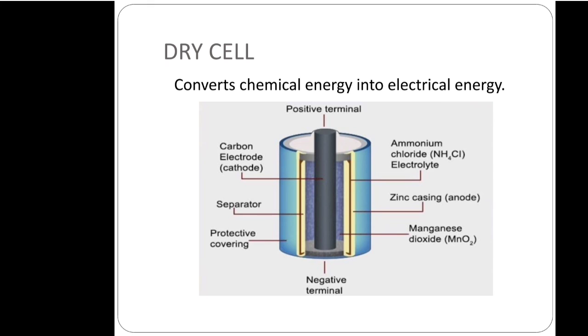It has a little moisture to permit the flow of current. Okay, so a mixture of carbon powder and manganese dioxide is filled in between the anode and the cathode.